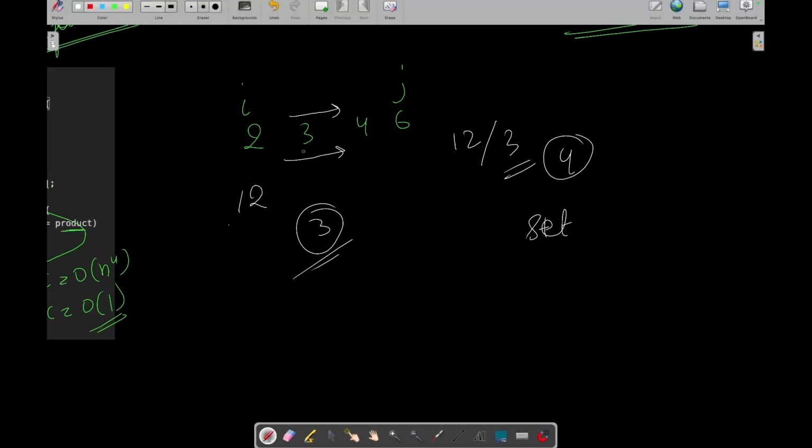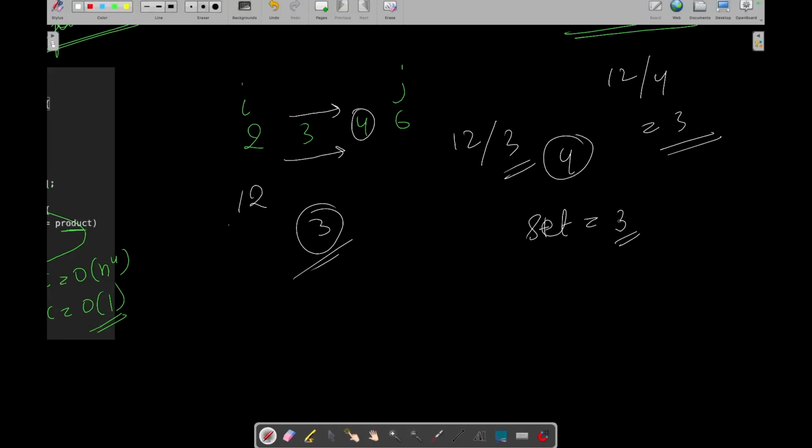So right now when we are at 3, there is nothing in our set, so we will simply divide 12 by 3, which is 4. So right now our set is empty, so we will store the 3 in our set because we have visited 3. And now again we are at 4. Now again let's divide 12 by 4. 12 by 4 is 3.